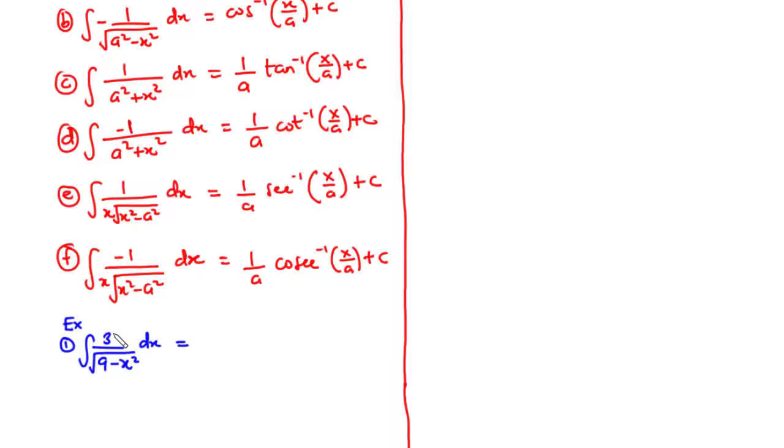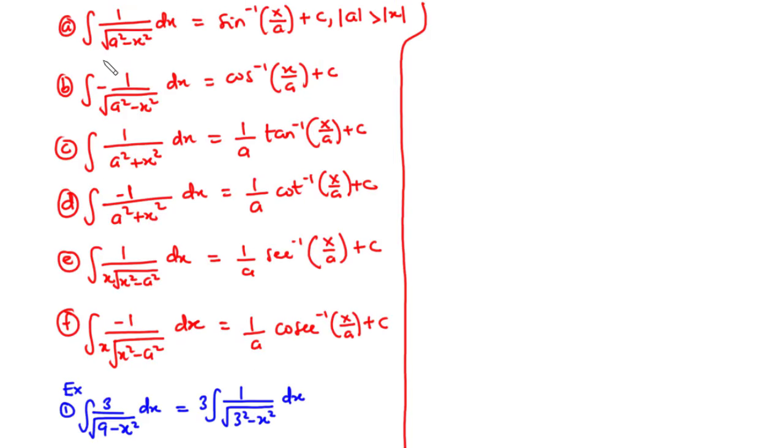First of all, because 3 is a constant, we can pull out 3, and then we have the integral of 1 over the square root of, now we can as well think of 9 as 3 squared, minus x squared. Now let's try to compare this expression to any of the 6 equations we have here.